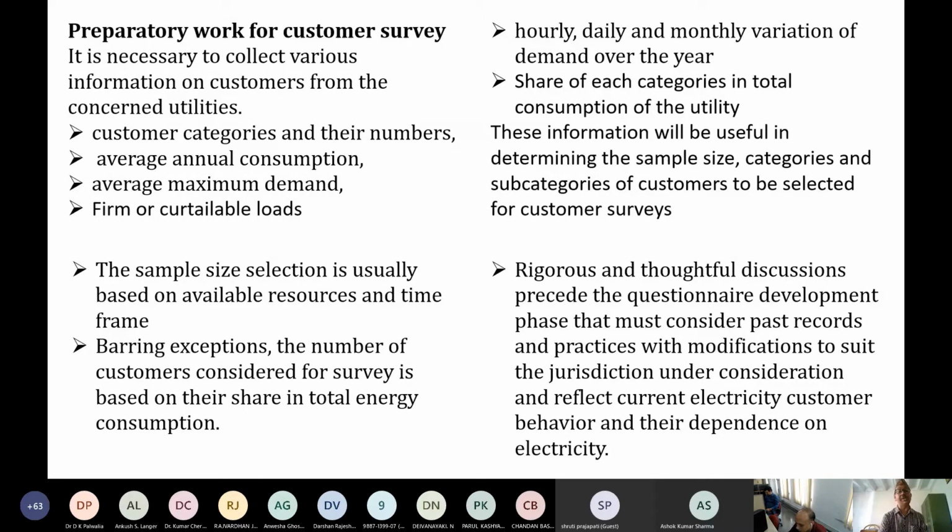So they should be willing to provide that information. Therefore, the preparation of the customer questionnaire is very important, and it's time consuming, and a lot of rigorous activities should precede before the customer questionnaire is prepared.